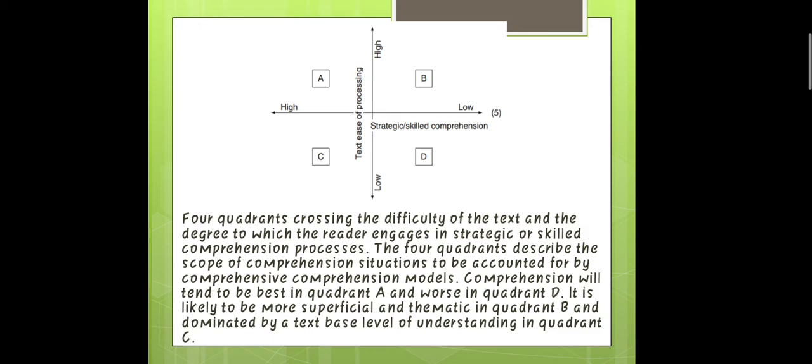It is likely to be more superficial and thematic in quadrant B, where it does not really tend to happen, and dominated by a text-based level of understanding in quadrant C.